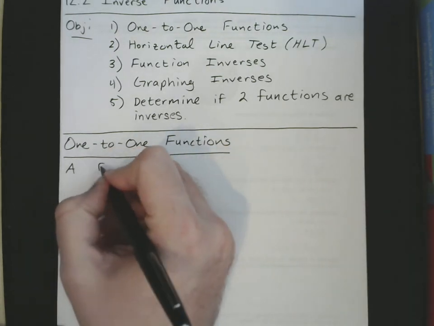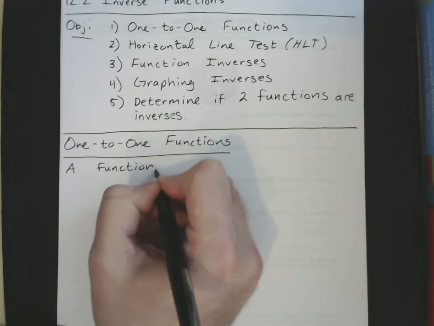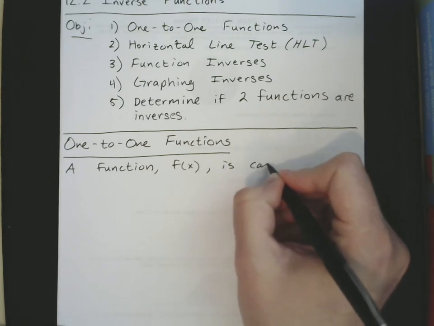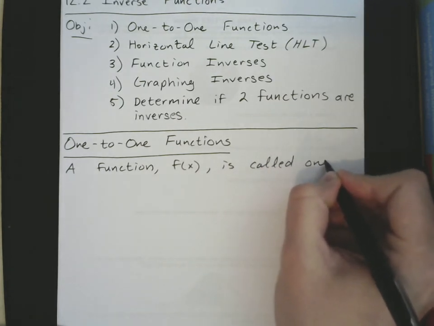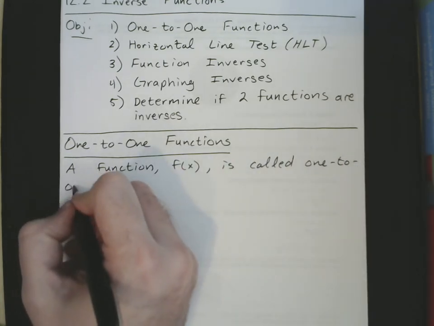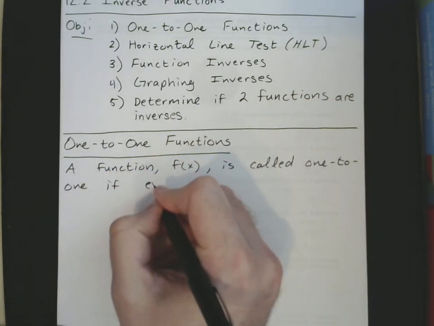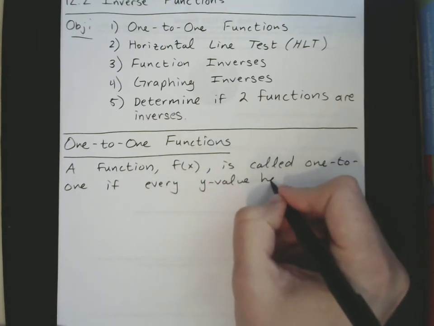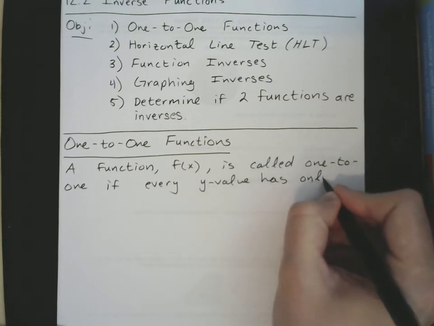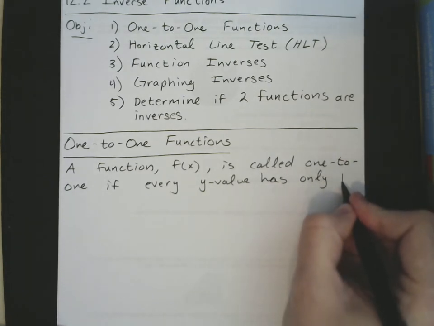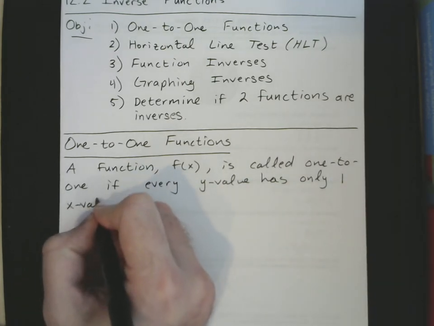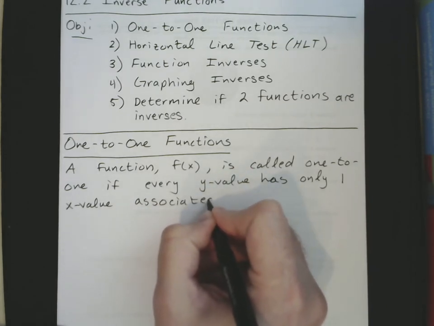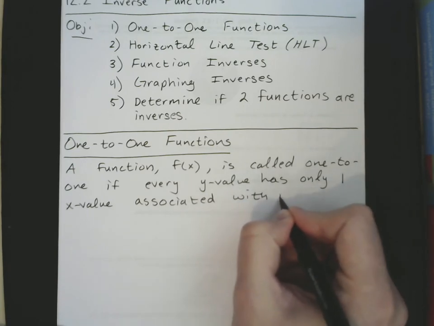So a function f of x is called one-to-one if every y value has only one x value associated with it.